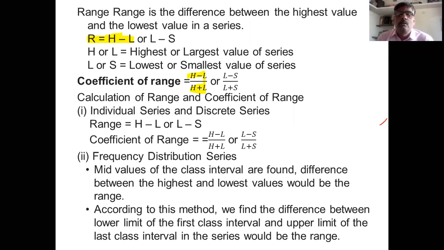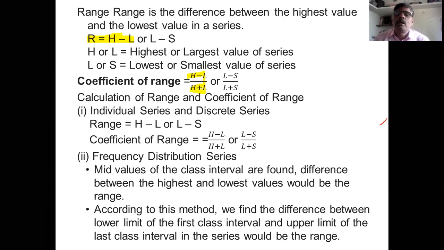According to this method, if the class is given, the difference between the lower limit of the first class interval and the upper limit of the last class interval in the series would be the range. The lower limit of the first class is the smallest value, and the upper limit of the last class is the highest value.